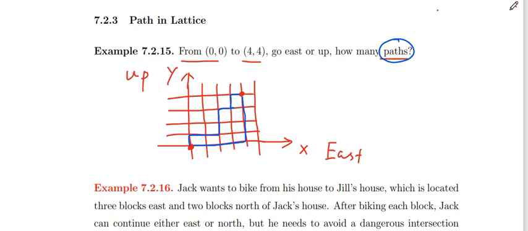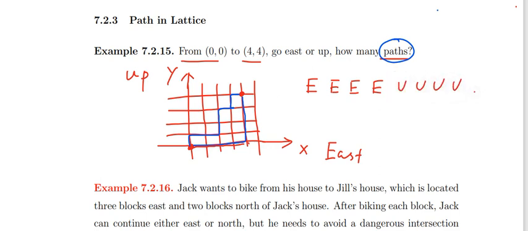So we can describe this path as east, east, then up, up, 1, 2, 3, 4, north, north.